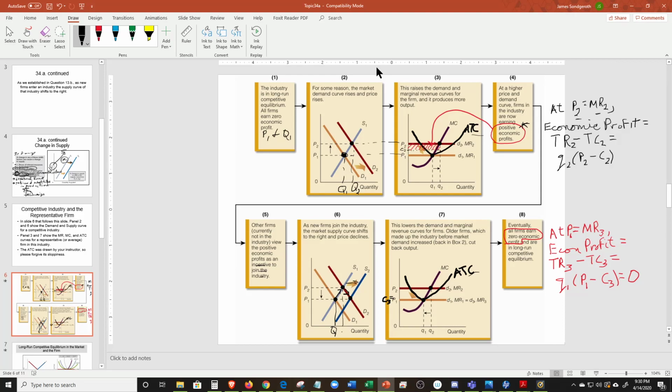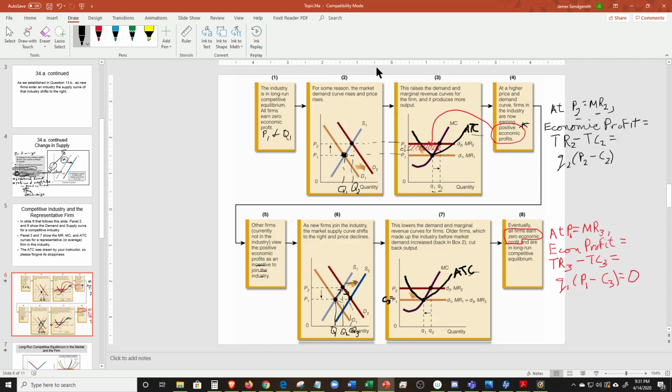And then, because of the increase in demand and the increase in output from Q1 to Q2, the industry produces Q2, but then more firms come in, increasing the supply, and we end up at Q3. We'll come back to this in a moment.